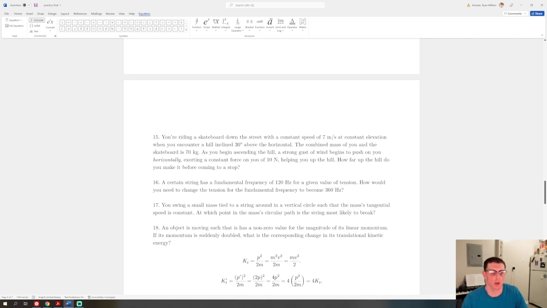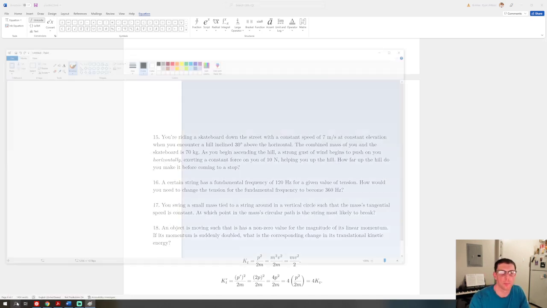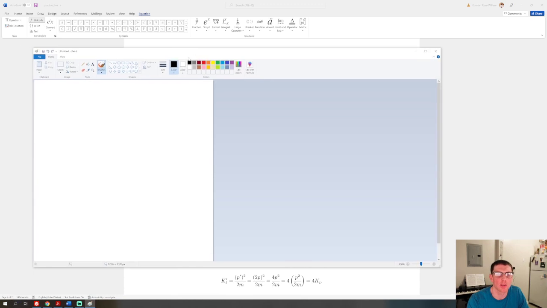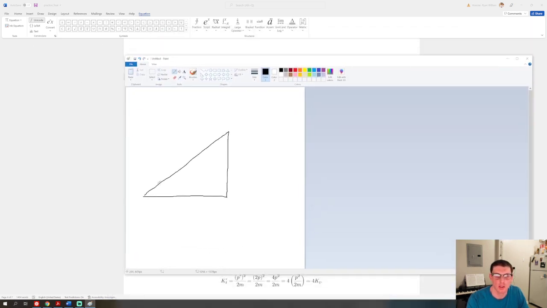Yeah, so what I was trying to say was that you're going up the hill that looks like this, and it makes some angle theta with the horizontal, right?